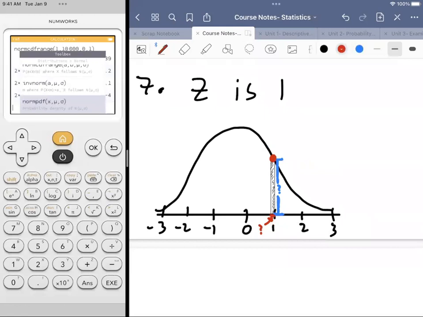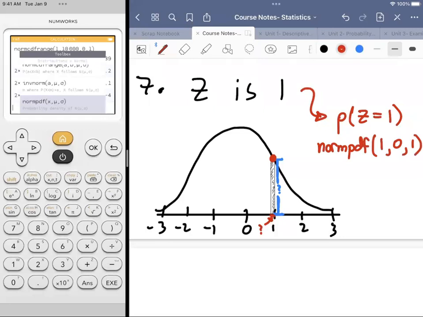But if I wanted to find the probability that Z is equal to a particular number, I would use norm PDF, put whatever that number is, then the mean and the standard deviation. There's a lot of ones here, so it can be confusing, but the first one is the Z equals part of things, and the 0, 1, that's the mean and the standard deviation.